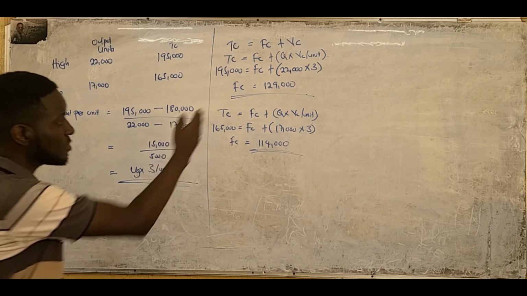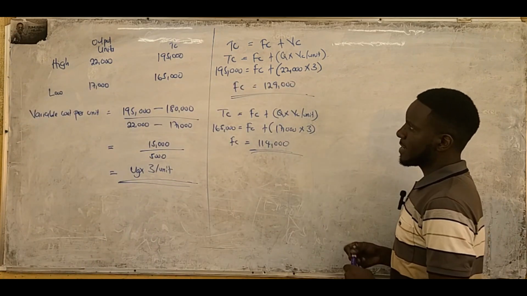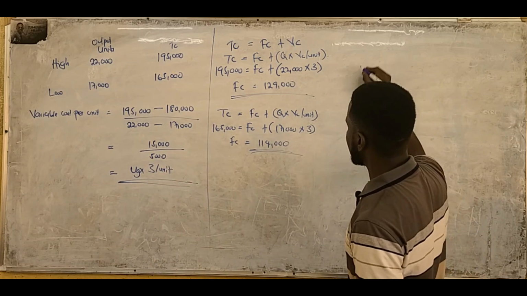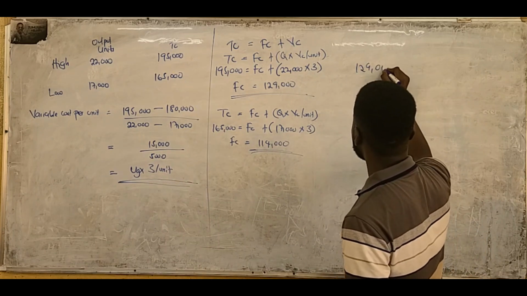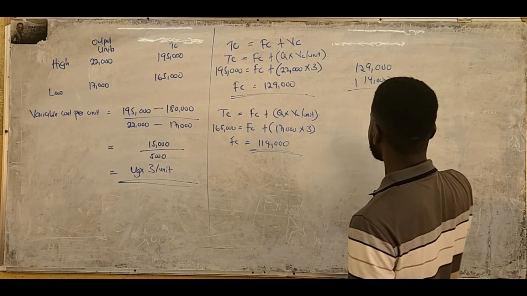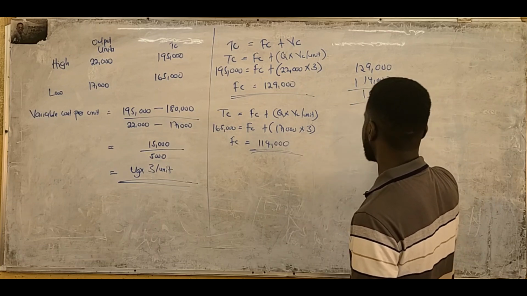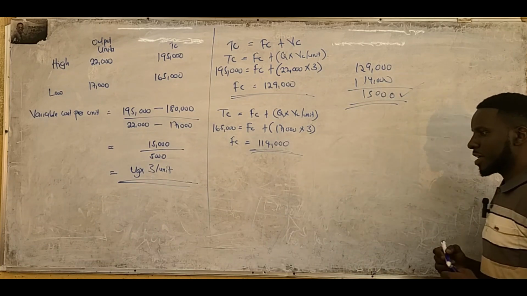Now, these two equations are giving us something different. There's a step up in fixed cost. Now let us do the mathematics here. Realize that 129,000 and 114,000, when you get the difference, it is 15,000.